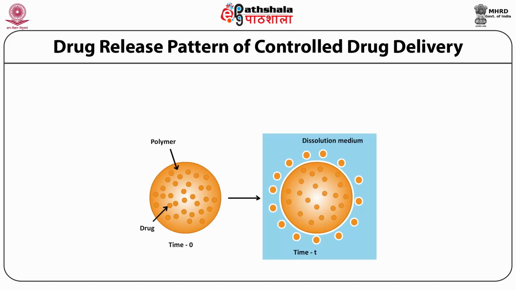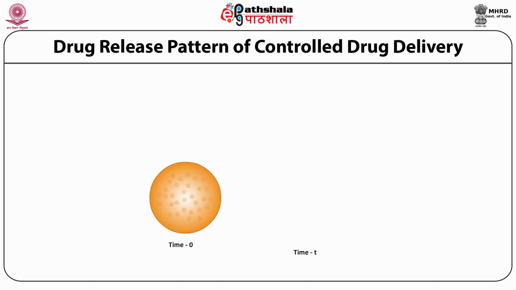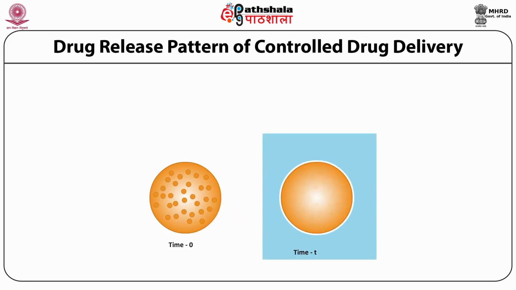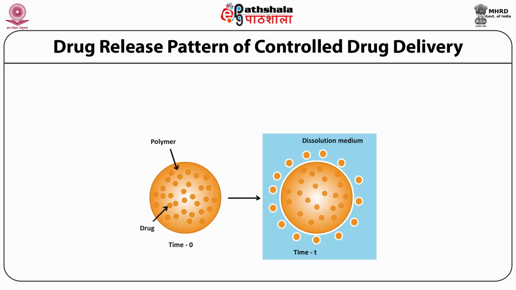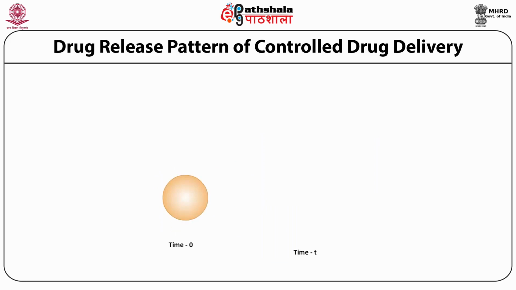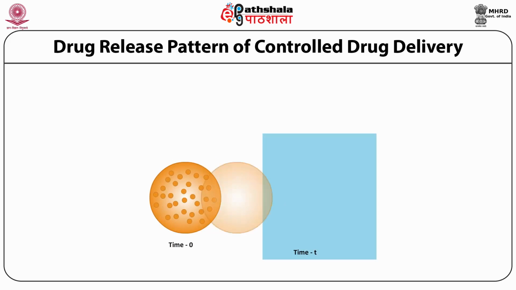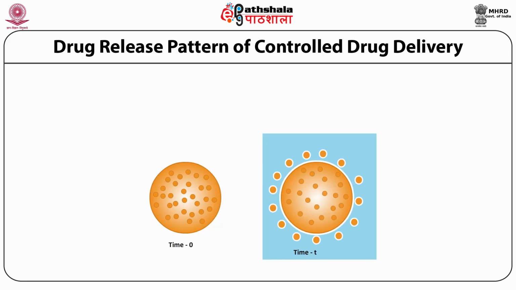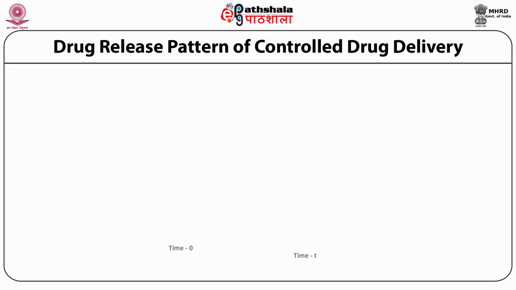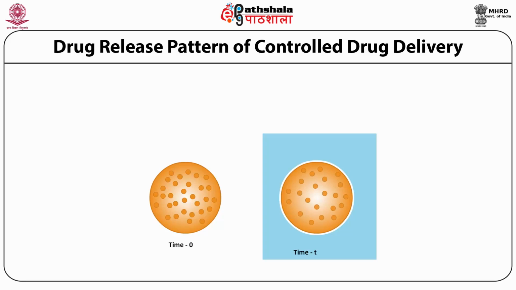When water reaches the center of the system and the concentration of the drug falls below the solubility value, the release rate of the drug begins to reduce. At the same time, an increase in thickness of the barrier layer with time increases the diffusion path length, reducing the rate of drug release.